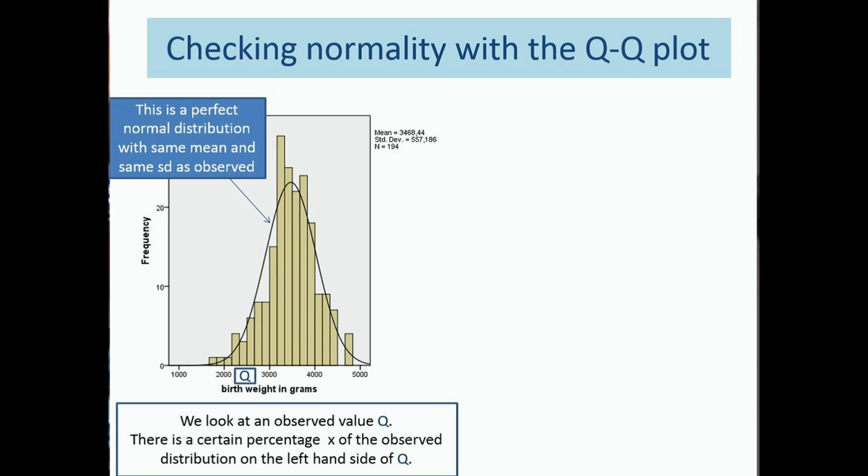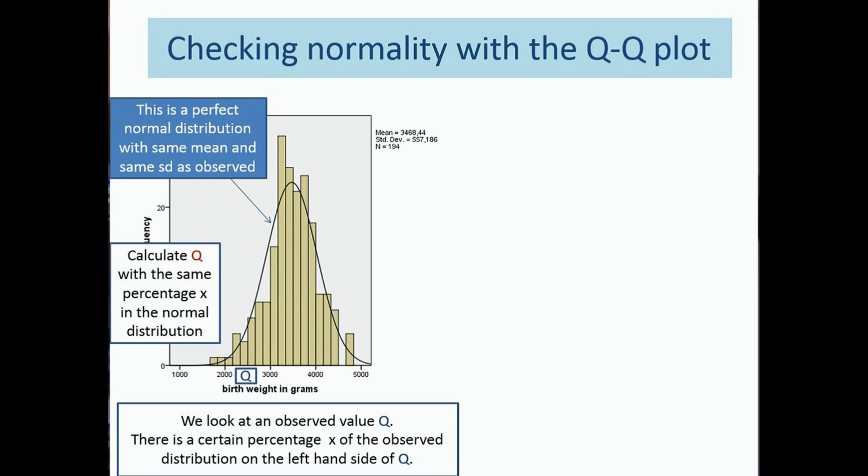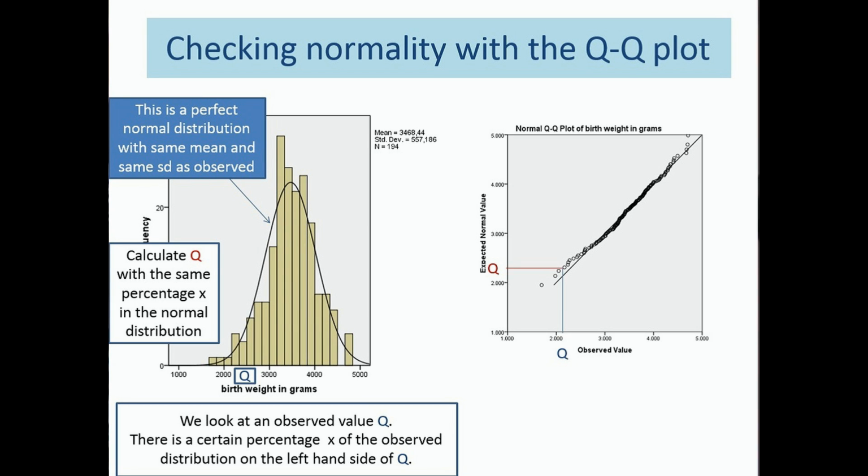For this, we take a quantile Q from the empirical distribution. There is a certain percentage of the observations, let's say x, on the left-hand side of the blue Q. We will calculate the corresponding quantile in the normal distribution, the red Q. Now, if the observed distribution is close to the normal distribution, the blue and red Q will be almost the same value for all possible choices of the blue Q. The blue and red Qs are plotted in the so-called QQ plot.